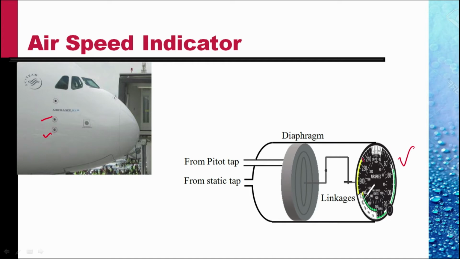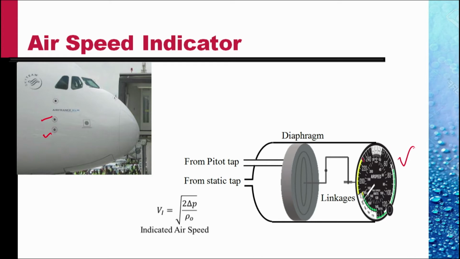The face of the dial is calibrated to read the speed directly using the formula V is equal to the square root of twice delta P divided by rho naught. What is rho naught? Rho naught is the density of air at the mean sea level in standard atmosphere.